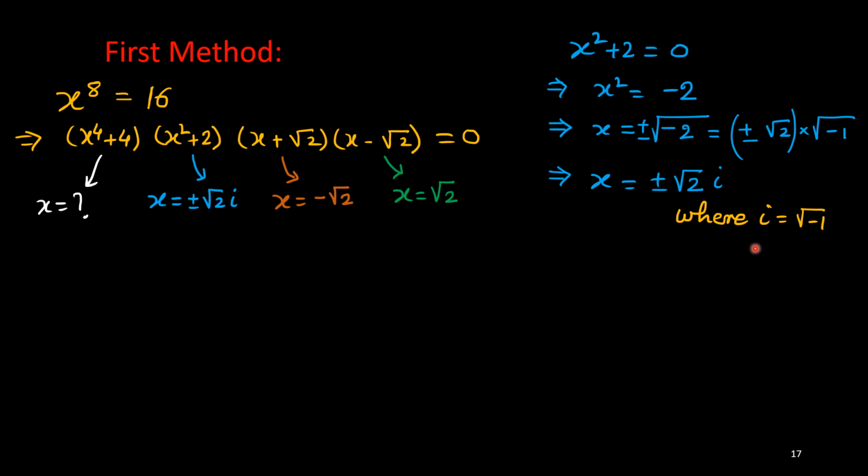Now if this imaginary quantity is defined, then with the help of this we can find all the solutions of equations of any order. Now consider this first term, x to the power 4 plus 4. You will find that here we should get 4 such solutions.